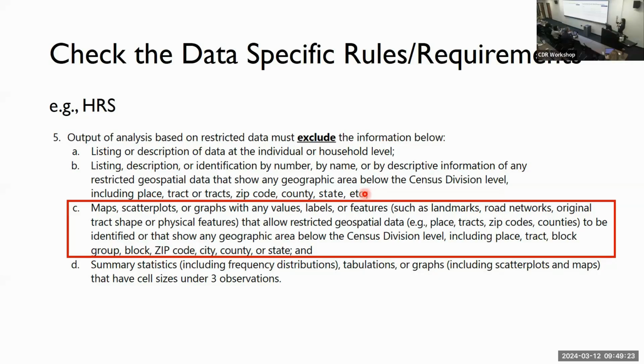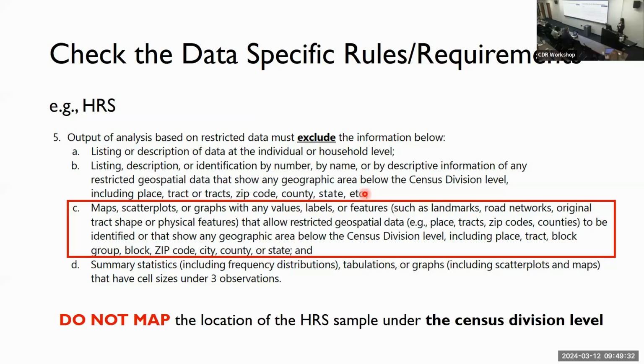Census division level is huge, right? So you cannot make a map below the census division level, even at the state level. So make sure that you do not map the location of the HRS sample below the census division level once you merge your contextual level data to the individual level data sets.